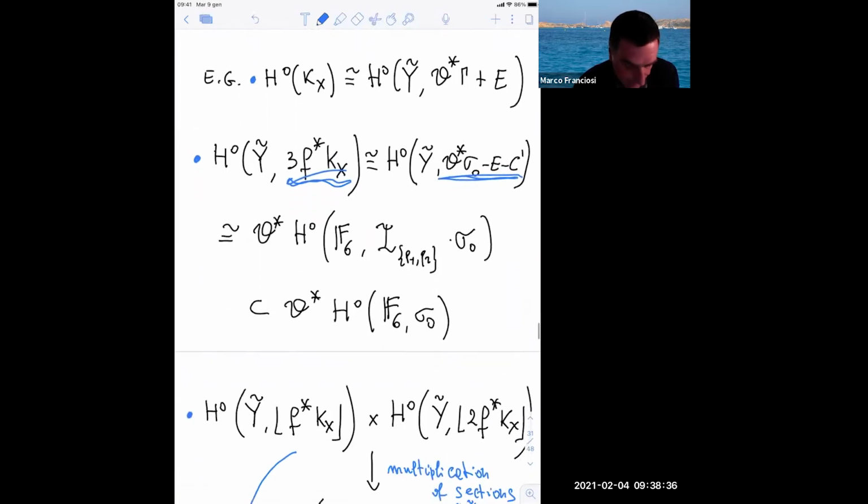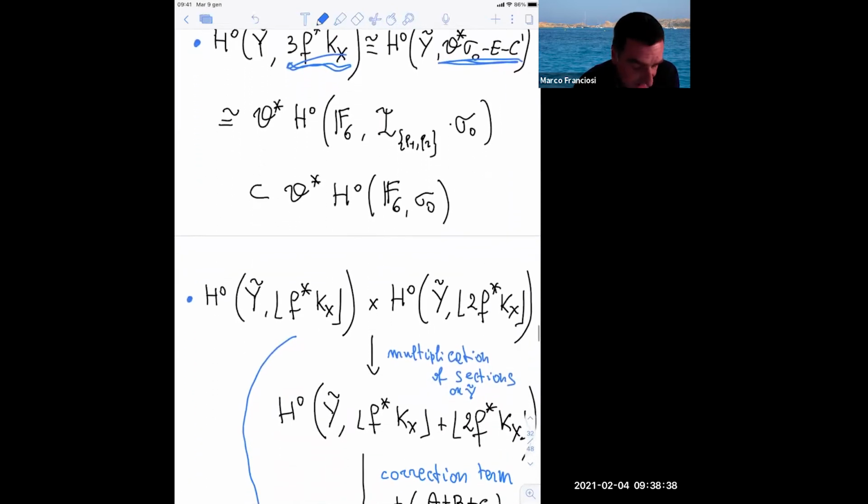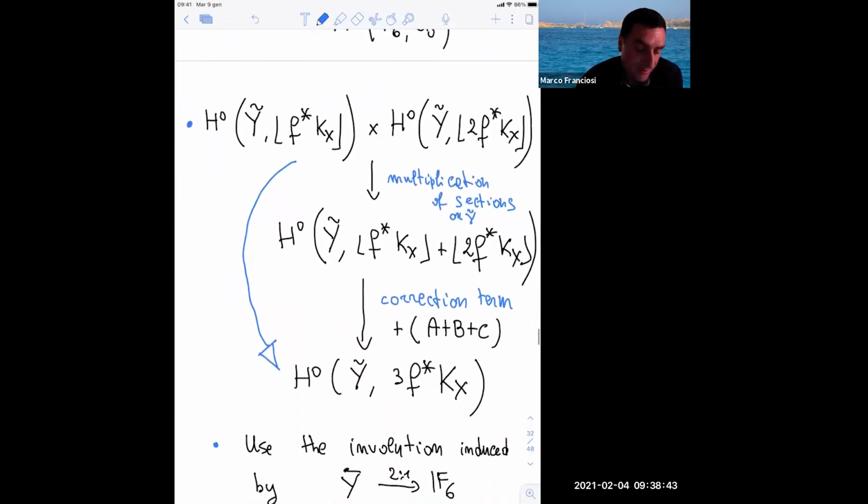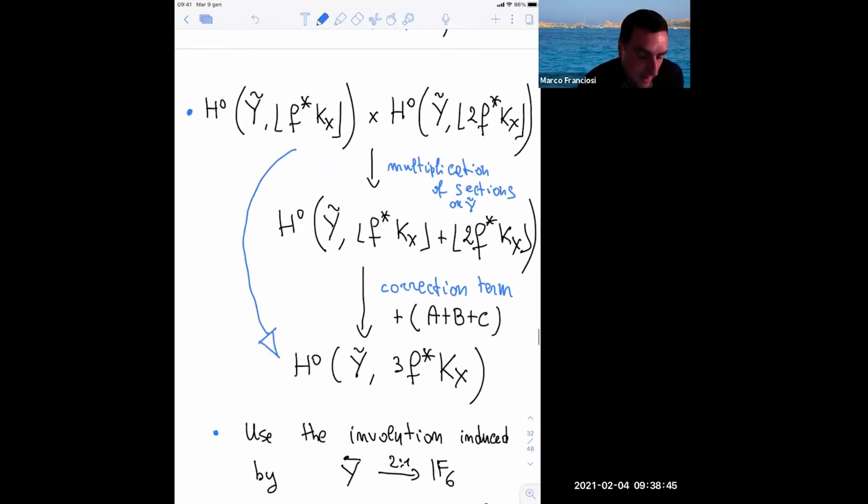And finally, in order to consider the multiplication of sections, if we consider the round down of F' KX and the round down of 2F' KX, we consider multiplication of sections on Y, which maps onto the sum of these two.